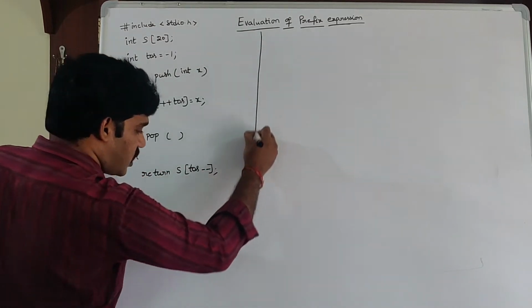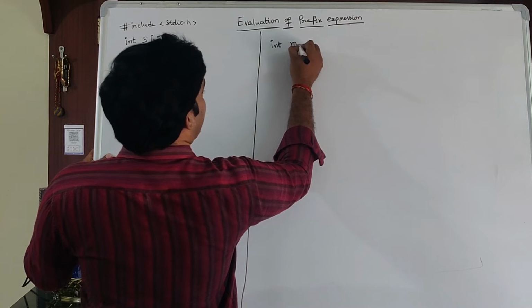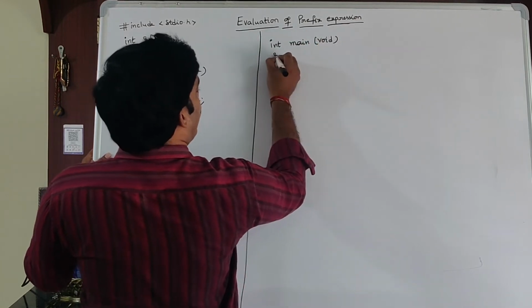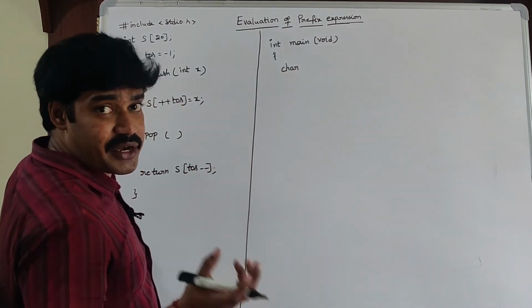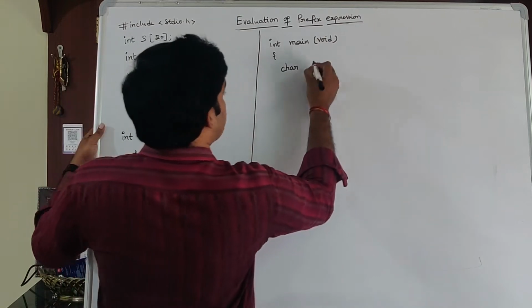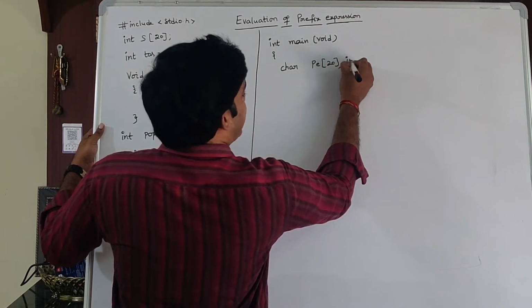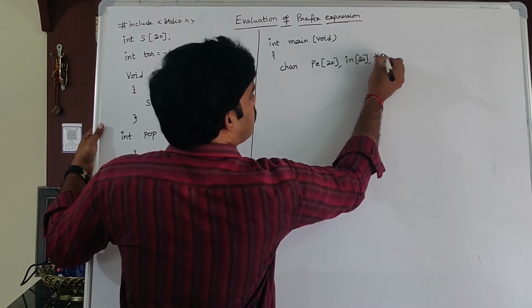Next, write the definition of main function. Int main of void. This is the technical way to write the main function. Next, declare one character array to hold the prefix expression, that is pe of 20. Next, take one more array in of 20 and pointer star p.